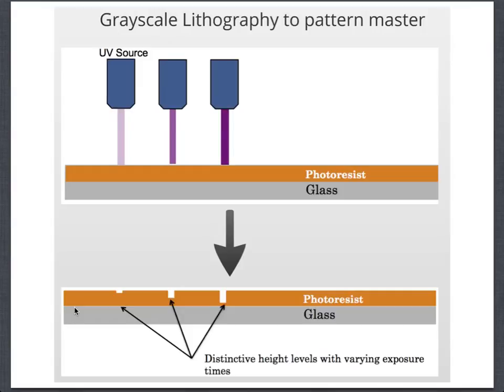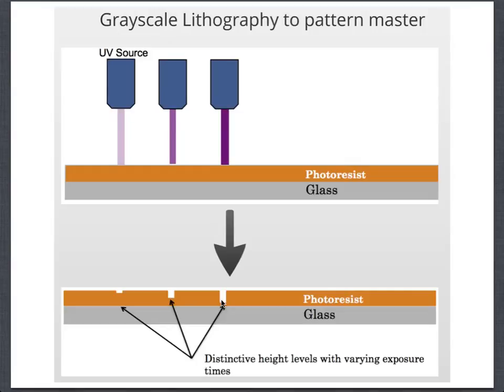If you expose it with light of a particular wavelength and develop it in a chemical solution, depending on whether it's positive photoresist or negative photoresist, the structure goes away or stays. In this case, it's a positive photoresist. So as you expose it and develop it, it will go away.